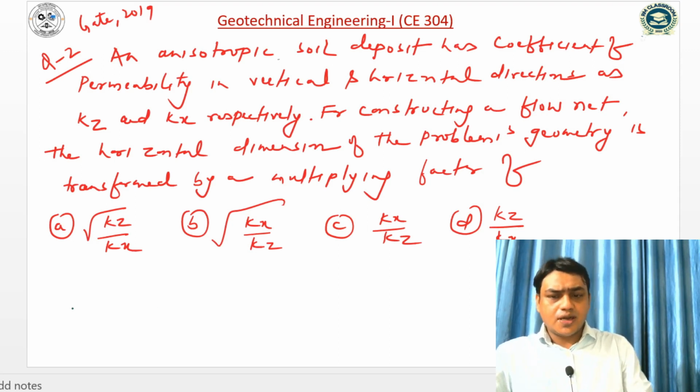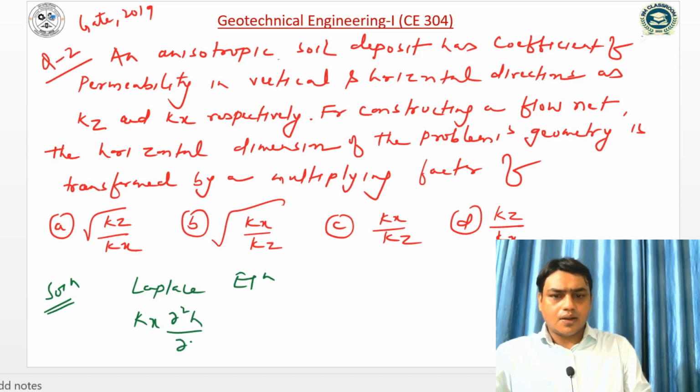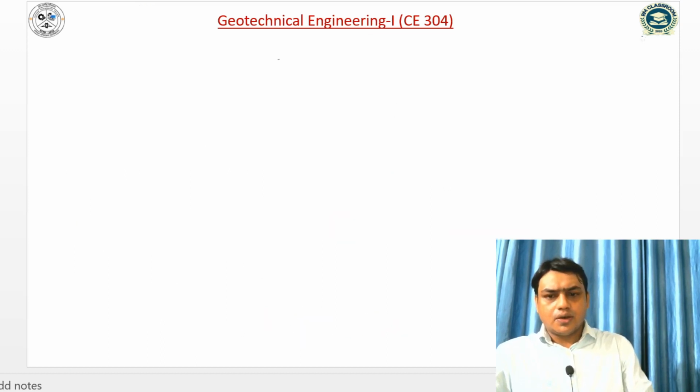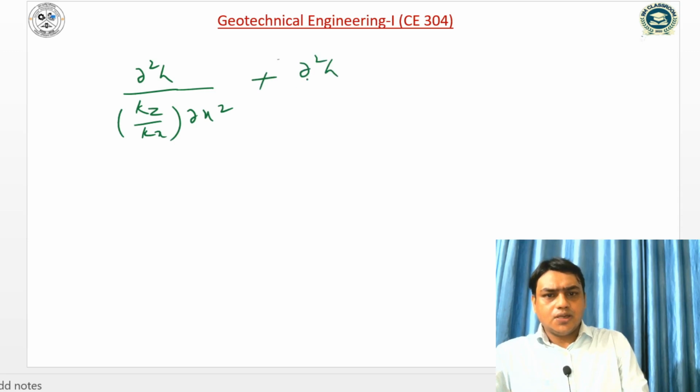For anisotropic soil in x and z direction, we have seen that the Laplace equation is Kx into del 2h by del x square plus Kz into del 2h by del z square is equal to 0. Or we can write it as del 2h by del x square times Kz by Kx, plus del 2h by del z square, is equal to 0.